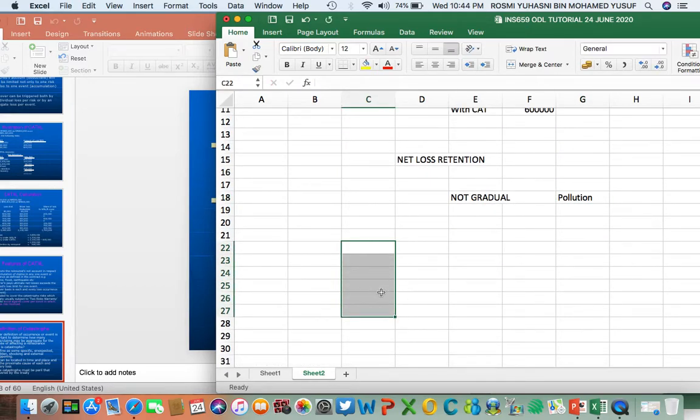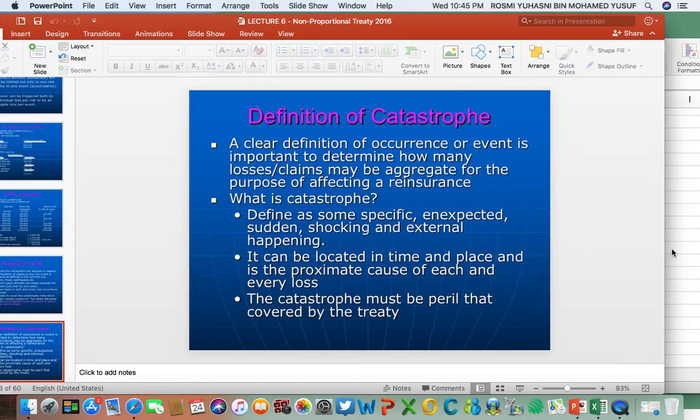Flood must originate from somewhere outside, meaning from a river, or the flood flows from a mountain, from a hill, yeah. So that type of flood originates from outside the premises. That is why it is called external happening.